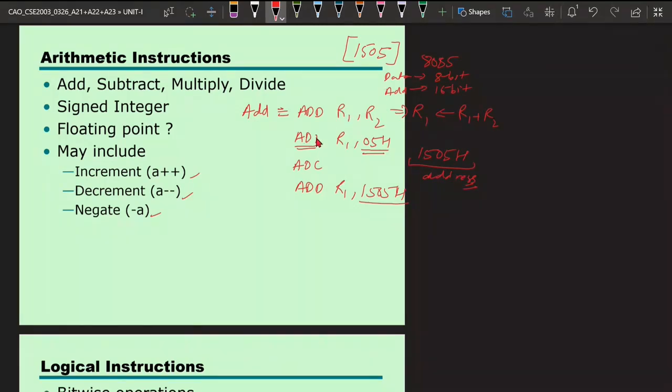If ADI is given, I stands for immediate, meaning data is immediately given in the instruction. So in that case 05H means 05 will be data. If it is add R1 comma 1505H, ADI is not given, so that means it is an address.